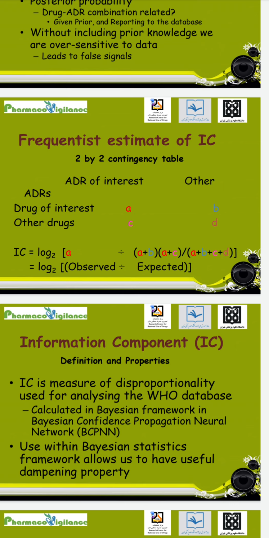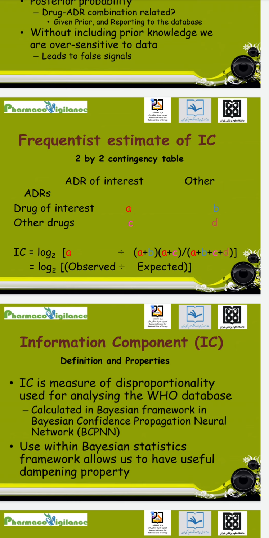Constipation with loperamide, the drug of my choice, is B, and this is others drugs. This is what I understand from the frequentist estimate of IC. IC means information component.